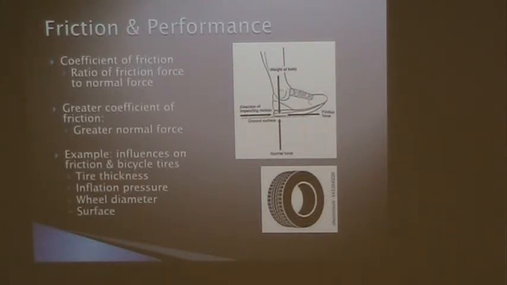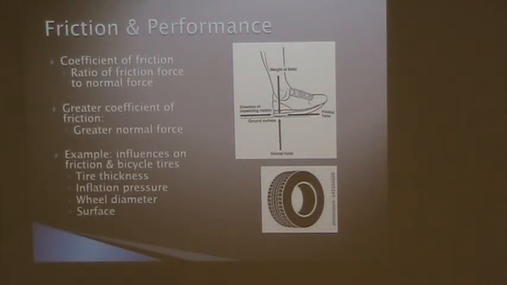One has to do with the thickness of the tires. So, a tire this width versus a tire this width versus a tire this width. Which one's going to have more friction? The wider tires. Okay, thinner tires, less friction. Wider tires, more friction.